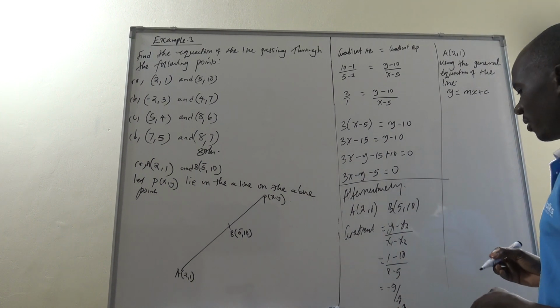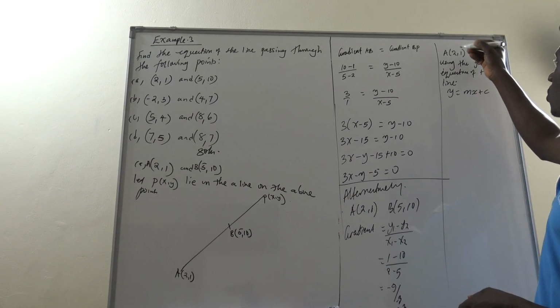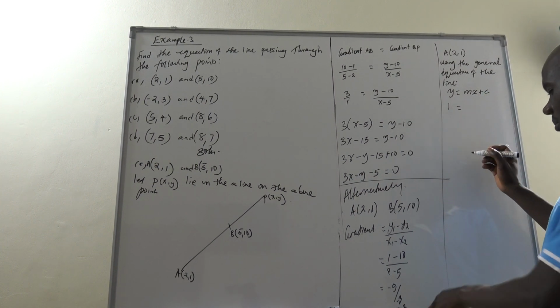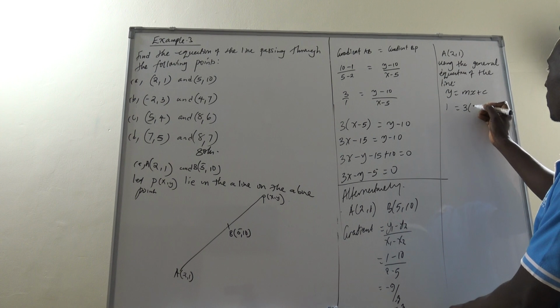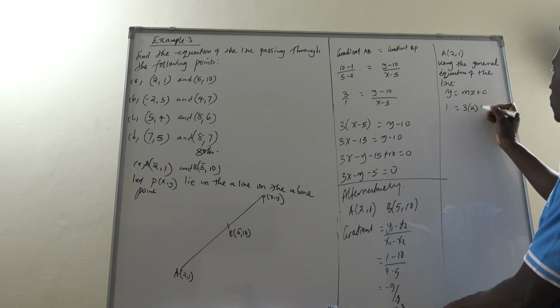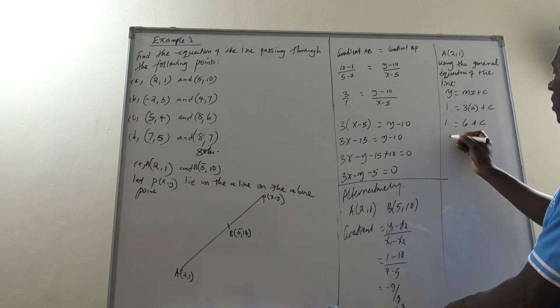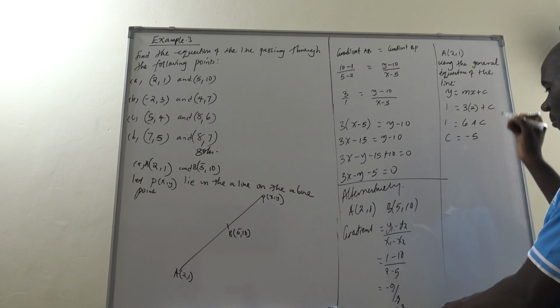Do we know the value of y? We are substituting in, y is already 1 equals, do we know m? m is the gradient, which is 3, times what is x? It is 2, plus c. So 1 equals 6 plus c. So c alone is negative 5.